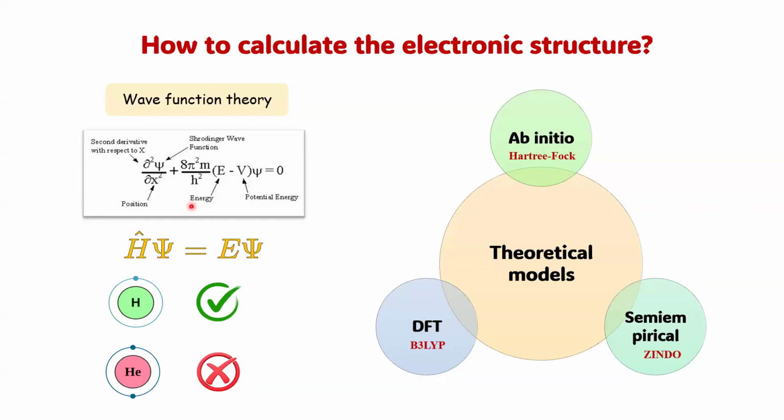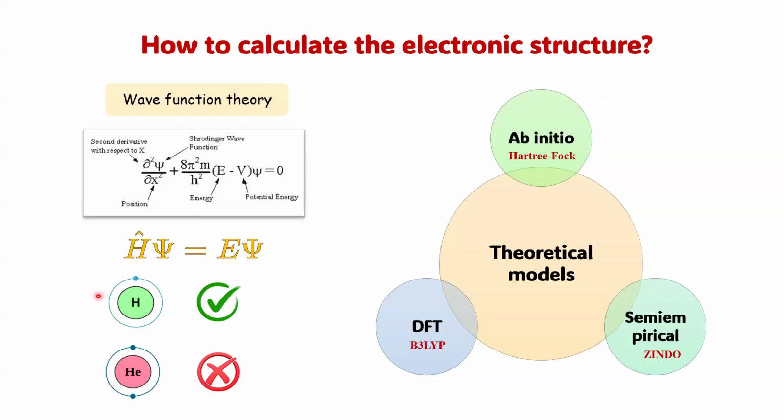But here the thing is, you can use the Schrödinger equation to solve a one-electron system. A one-electron system is nothing but a system which contains only one electron. For example, you can consider hydrogen, where only one electron is present. In that case, we can easily solve the Schrödinger equation without any difficulties.